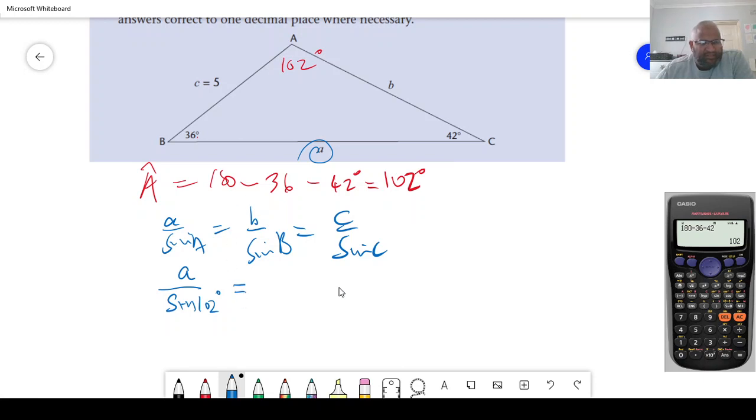So if you had used sine A over a is equal to sine B over b is equal to sine C over c, there's no issue on that. It's equal to b, which is also unknown, over sine of 36, is equal to length c, which is 5, over sine of 42 degrees.